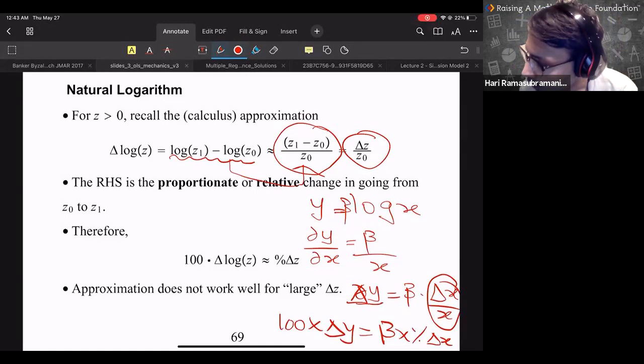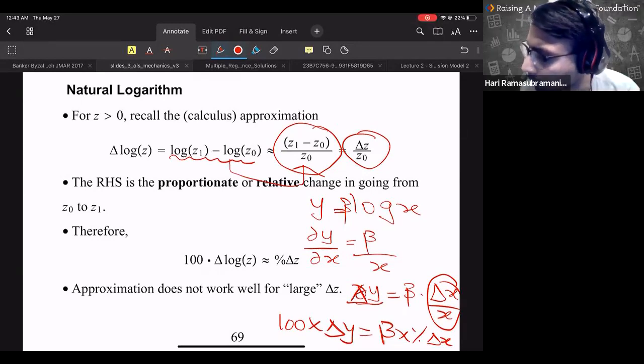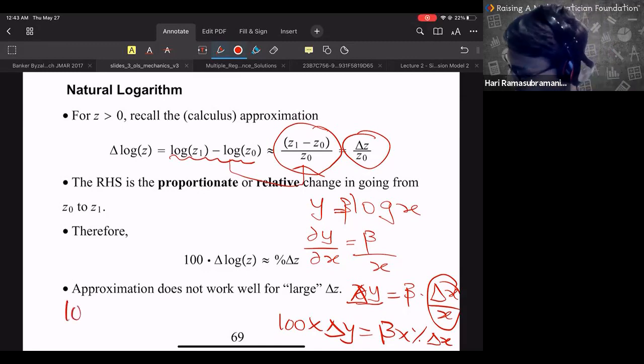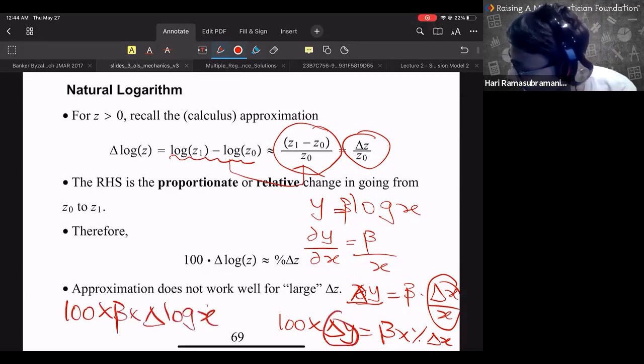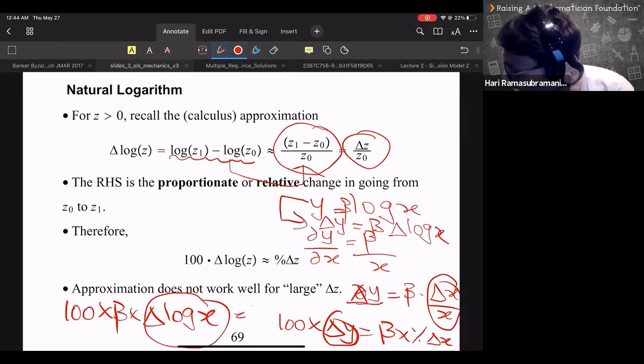Right? And what is delta y? Delta y is nothing but beta times delta log x. So I can write it as 100 times beta times delta log x, because delta y is actually beta times delta log x, which is equal to beta times percentage change in x.